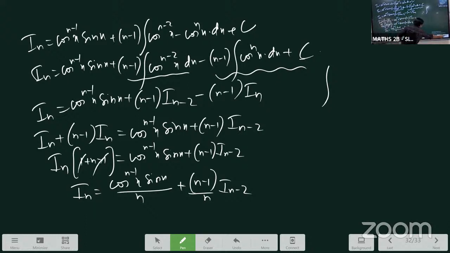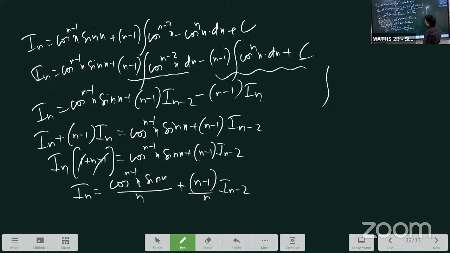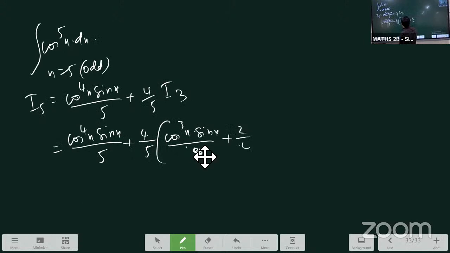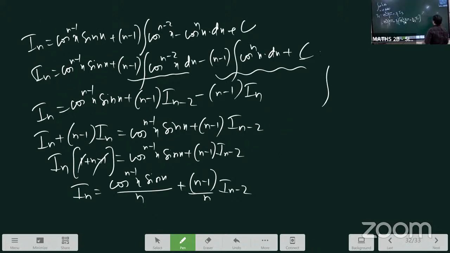That gives cos cube x sin x by 4 plus 2 by 3, I1, because 3 minus 2 will be 1, right?